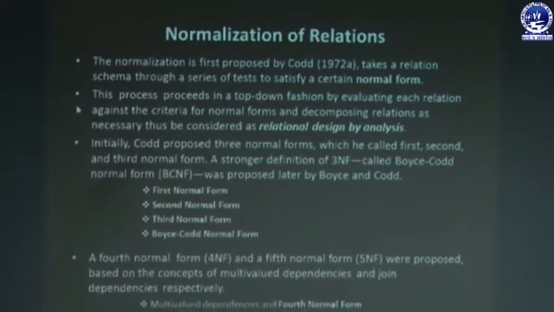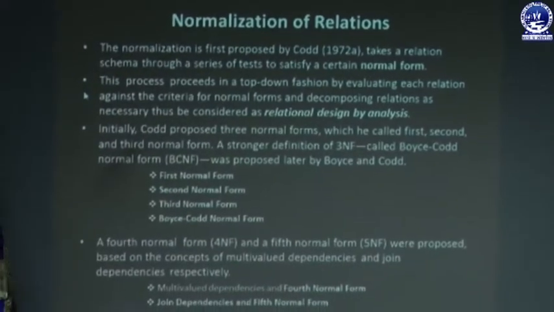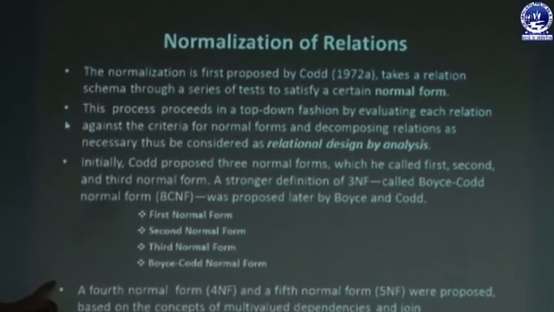Normalization is categorized into different types, that is first normal form, second normal form, third normal form, then Boyce-Codd normal form, then later fourth normal form and fifth normal form are defined based on the concept of multi-valued dependency and join dependencies. This is all about the definition of normalization and its types.